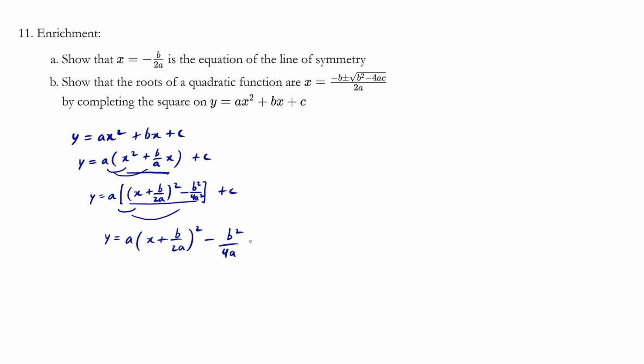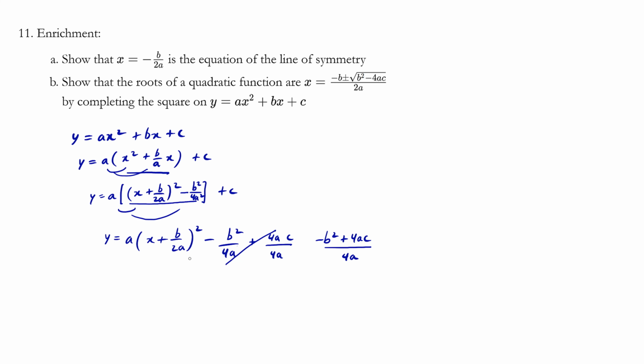And the plus c is over here still, so let's rewrite this as plus 4a over 4a times c. This is the same thing as 1. And now you can even combine these if you really wanted to. So let's just give it a try here. If you combine this into one term, we have minus b squared plus 4ac all over 4a.